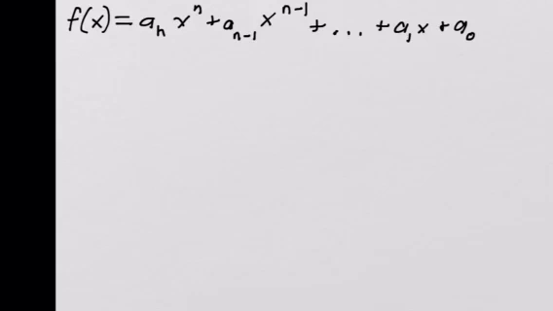And the only restriction we put on any of these is, of course, n has to be an integer. As a matter of fact, it has to be a positive integer. The other restriction we have is that we will say that a_n is not equal to 0.